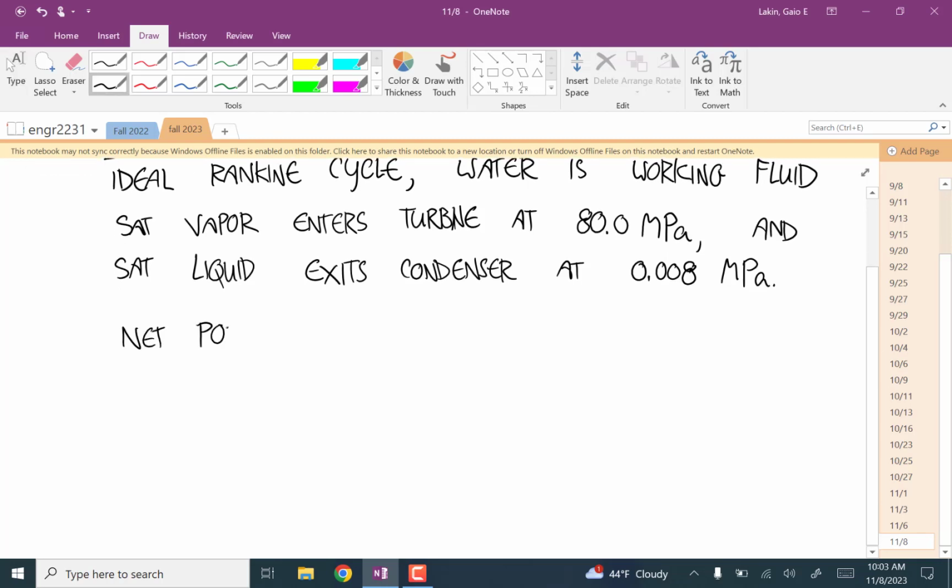The net power output of this cycle is 100 megawatts. And we want to calculate the efficiency.